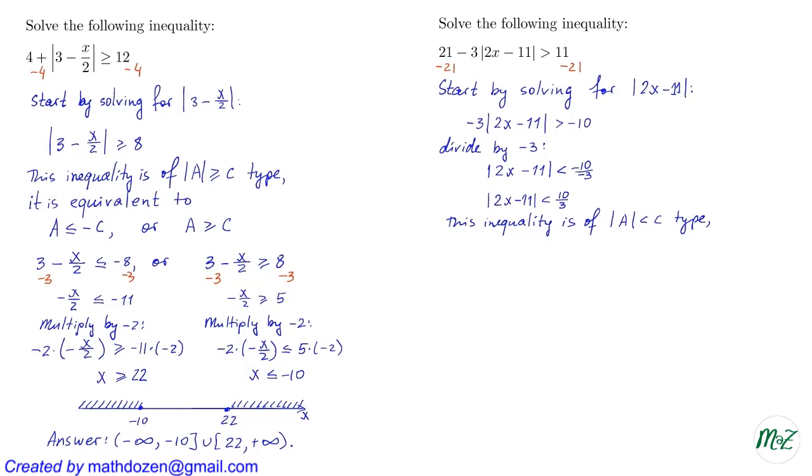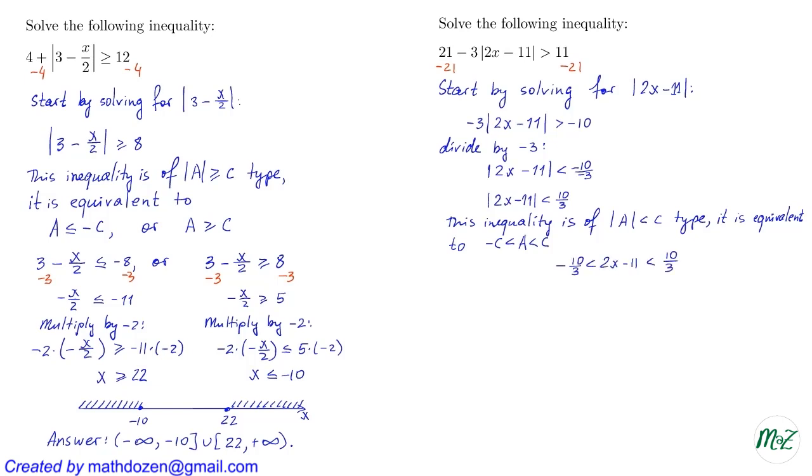And this is an inequality of the type absolute value of some expression being less than a number. So it is equivalent to a compound inequality: the content of the absolute value being less than that constant and being greater than negative that constant.